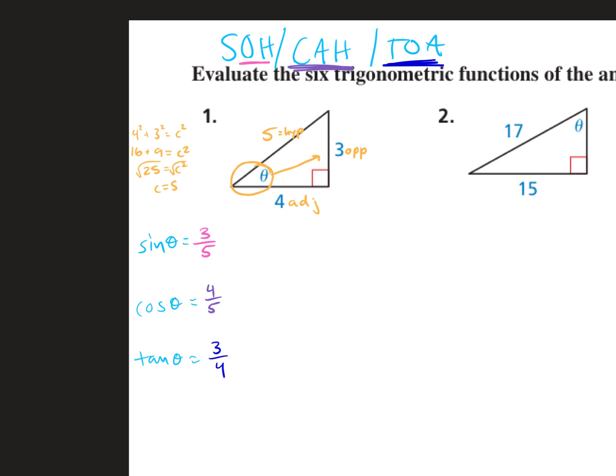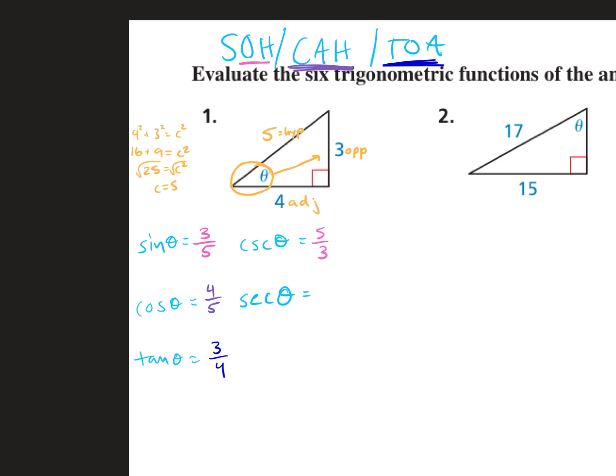Which trig function is the reciprocal of sine? Cosecant, CSC. So cosecant of theta would be what? H over O, which is 5 over 3. Which trig function goes with cosine? SEC, secant.